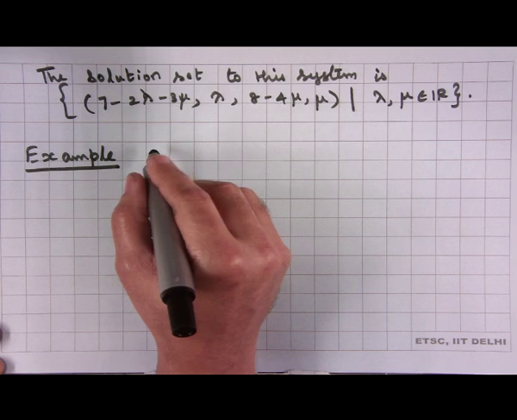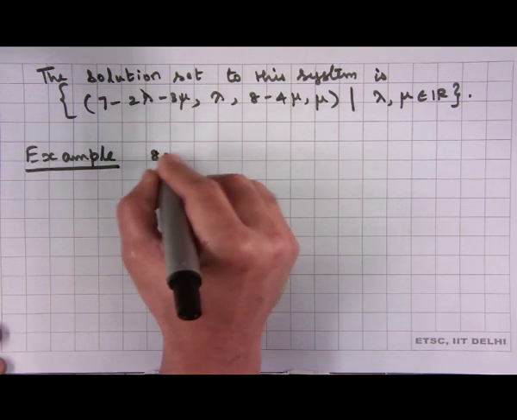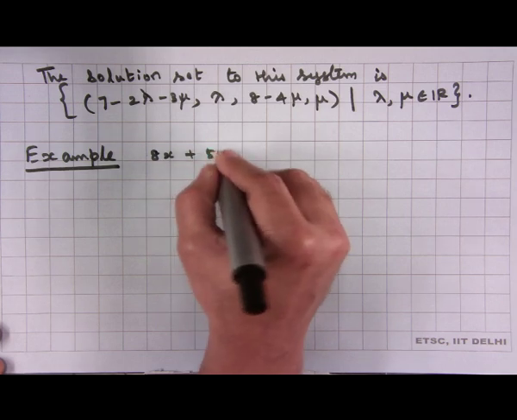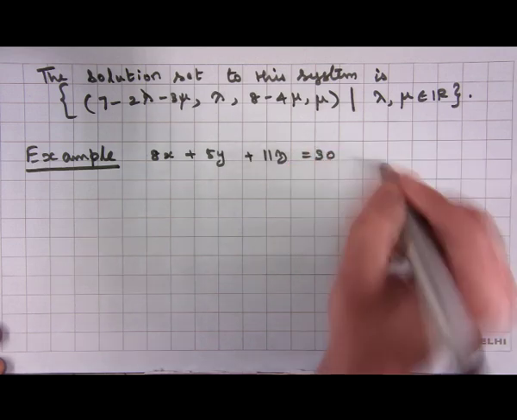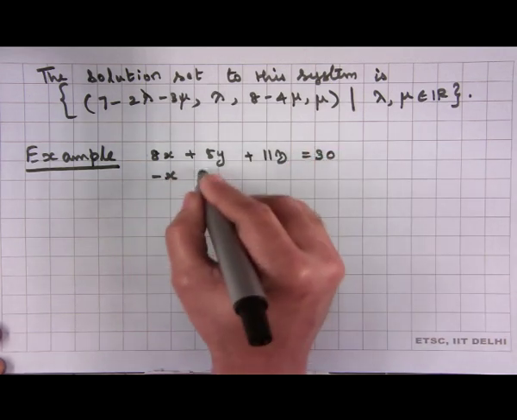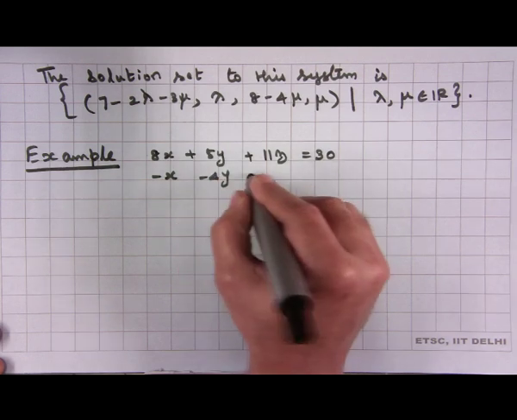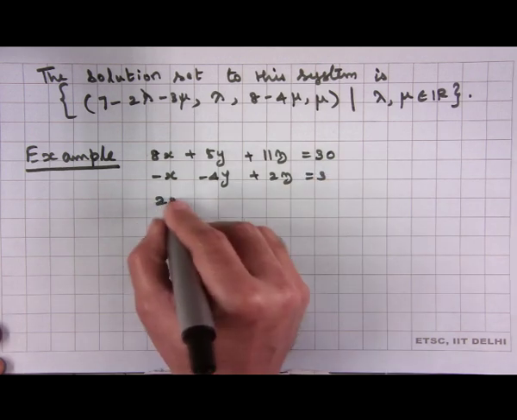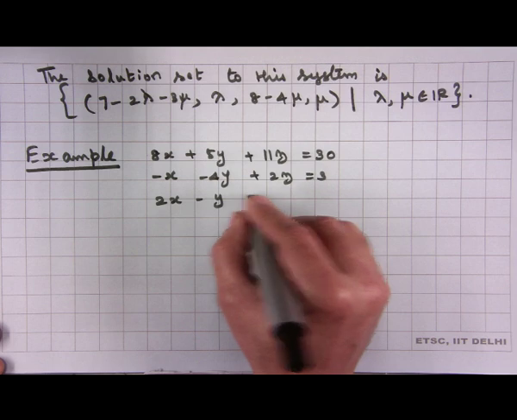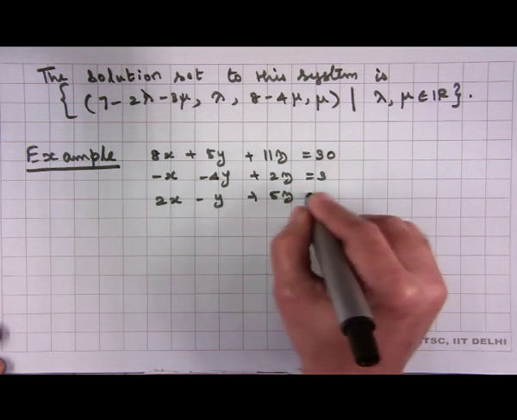Let us do one more example. 8x plus 5y plus 11z equal to 30, minus x minus 4y plus 2z equal to 3, 2x minus y plus 5z equal to 2.